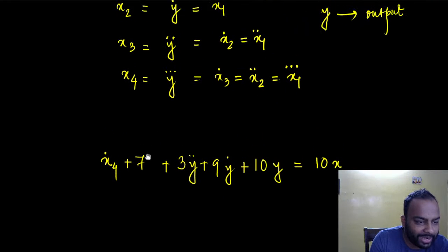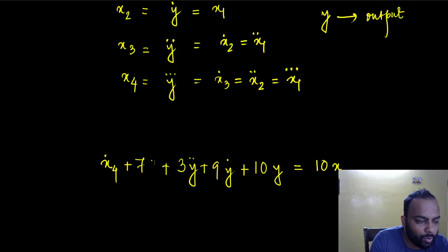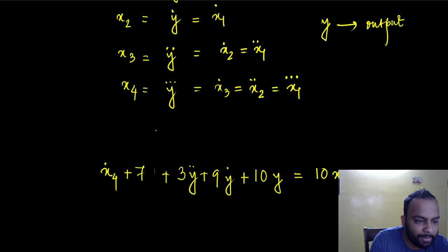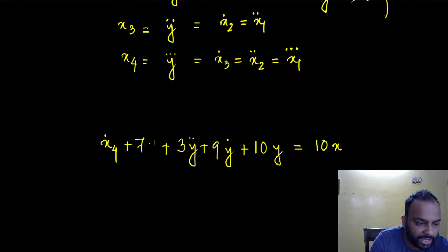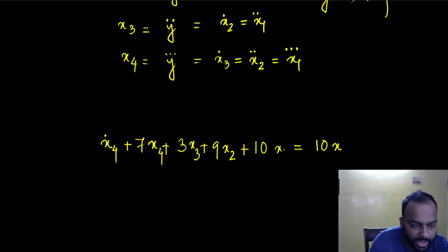If you have done it correctly, you'll find, so here we had y triple dot. Y triple dot would be just x4, and y double dot would be x3, y dot would be x2, y would be x1.